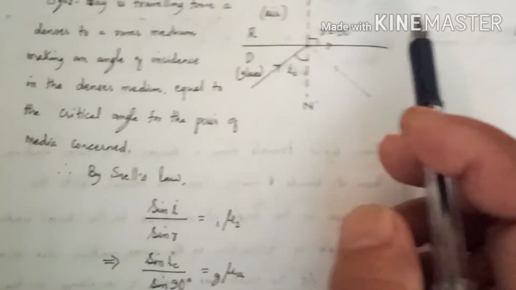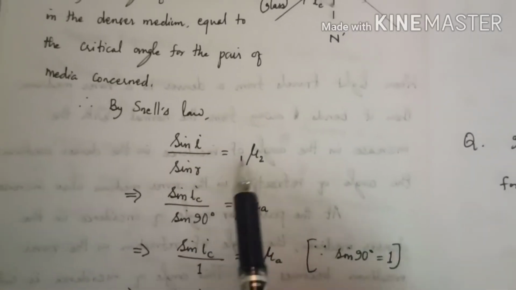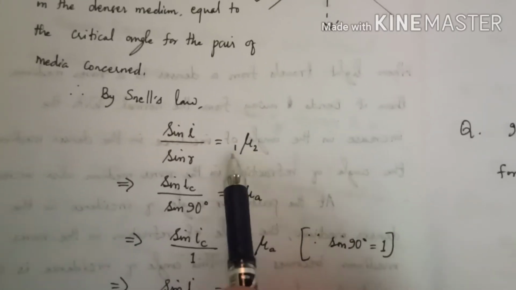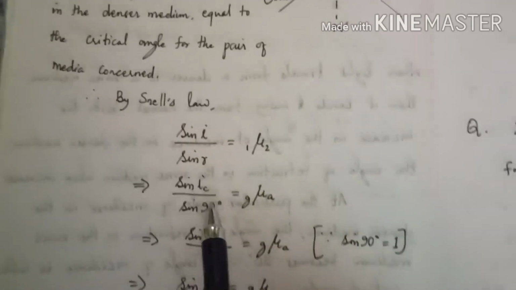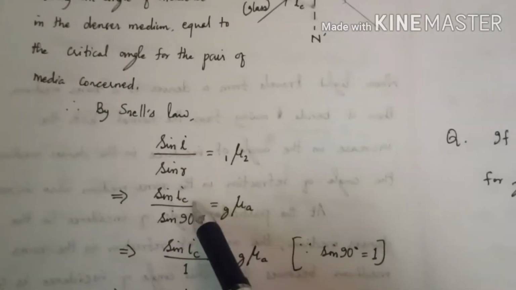So according to Snell's law, the ratio of the sine of the angle of incidence to the sine of the angle of refraction is equal to the refractive index of the second medium with respect to the first medium. Here, the angle of incidence is denoted by IC, so in place of I I will write IC.